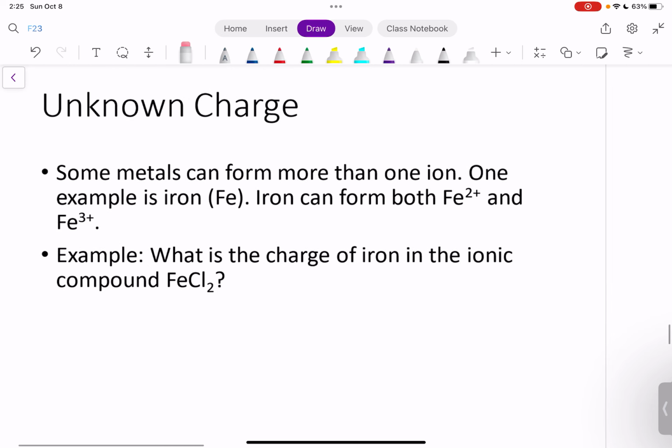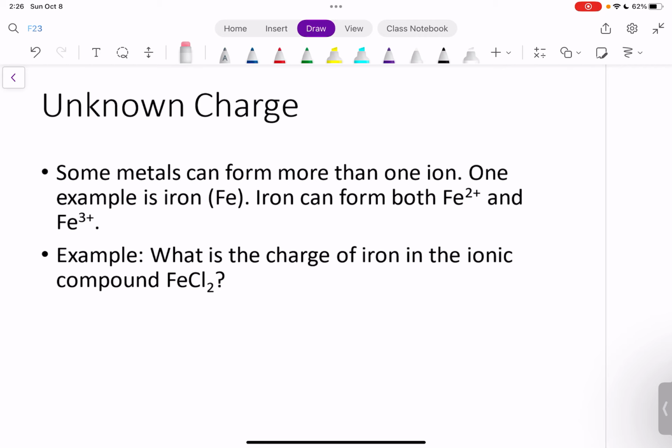All right, now, so far we've been practicing writing these formulas with atoms that only form one type of ion, right? So when magnesium forms an ion, it's always going to form a 2+. When chlorine forms an ion, it's always going to form a 1-.